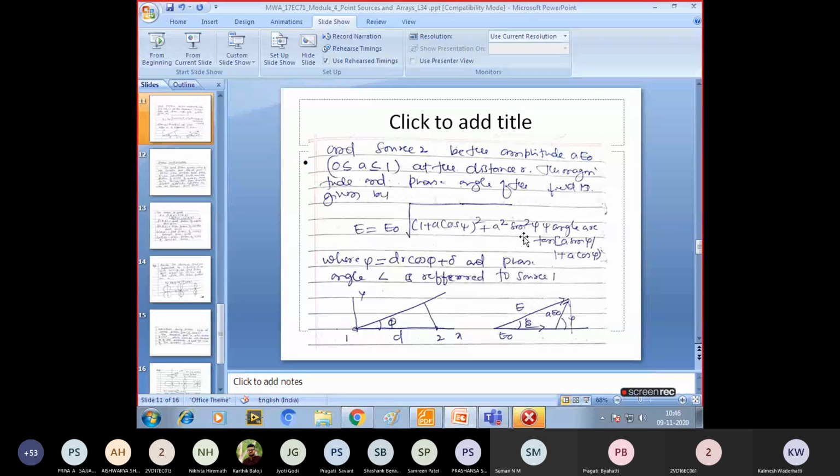Therefore, the total E field will be E equals E naught into the square root of 1 plus A cos psi squared plus A squared sin squared psi, into the angle arc tan of A sin psi divided by 1 plus A cos psi. This is the phase, from the trigonometric relation, and it shows how the phase will be changing in the far field distance from these two point sources.